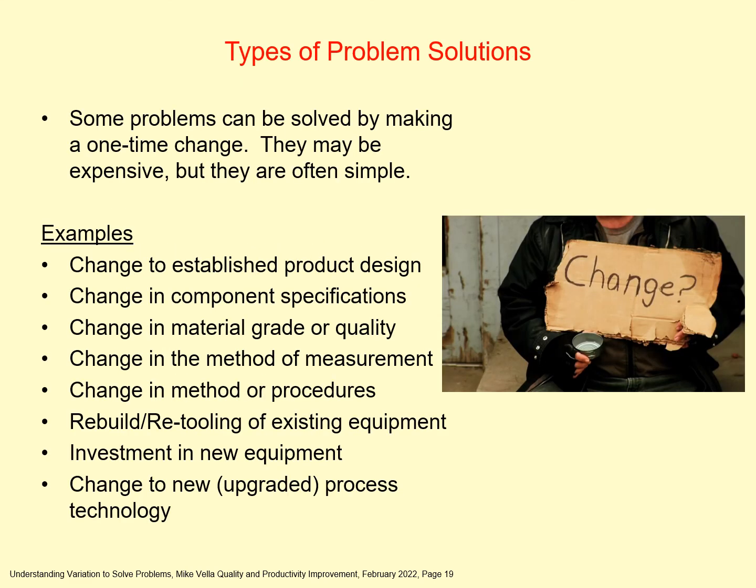Some problems can be solved by making a one-time change. They may be expensive, but they also may be simple. For example, a change to an established product design, a change in a component specification, a change in material grade or quality, a change in the method of measurement, a change in the method or procedures that you're using, rebuilding or retooling of existing equipment, investing in new equipment, or a change to new or upgraded process technology.